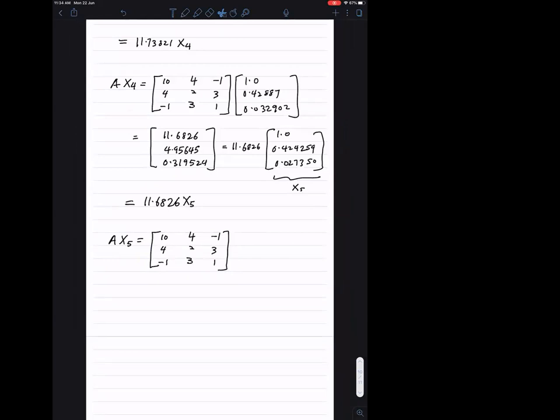You have to do how many more iterations? Like maybe a few more. Okay.